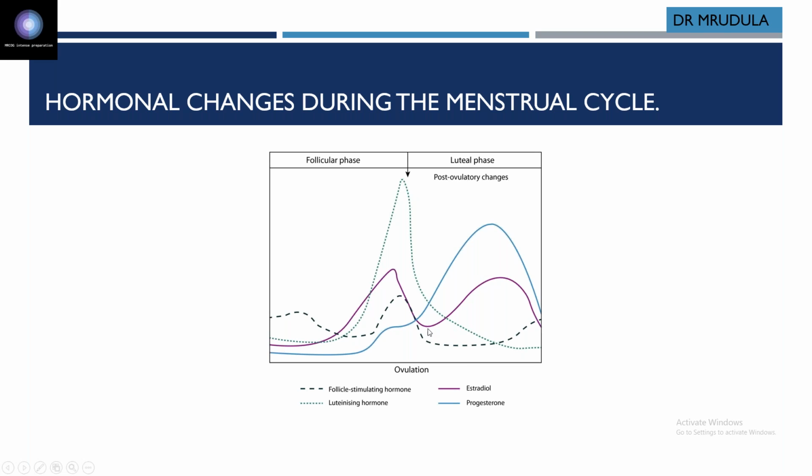Estrogen and progesterone both rise basically in the luteal phase, but estrogen has a double peak, at the time of ovulation and again in the luteal phase. Progesterone is mainly responsible for luteal phase maintenance.